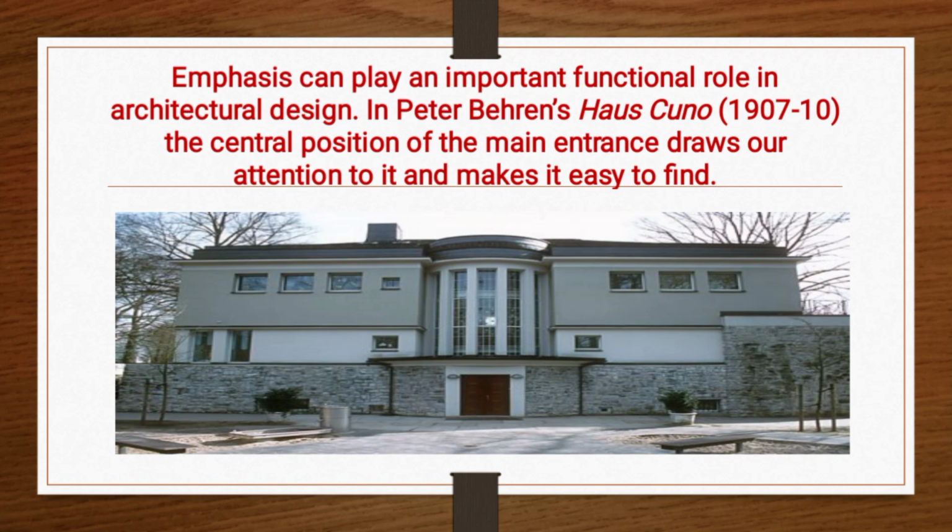Now, in Peter Behrens' house in 1907 to 1910, the central position of the main entrance draws our attention to it and makes it easy to find, which is the door. You can see the door right there. The door is red in color, or you can call it reddish brown.